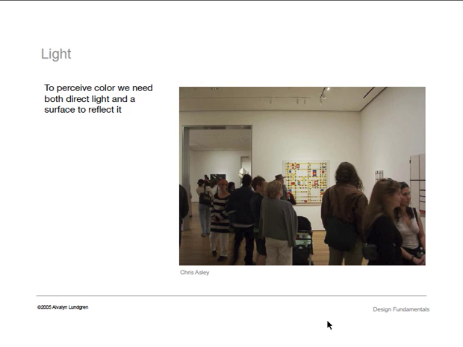We need a direct light source, like a light bulb, the sun, your computer monitor screen, whatever, and a reflected light source, such as a surface. The only thing that does not reflect light is something that transmits it, and that we know as being transparent. So transparency just allows the light to pass right through, and it has no color sensation to it.